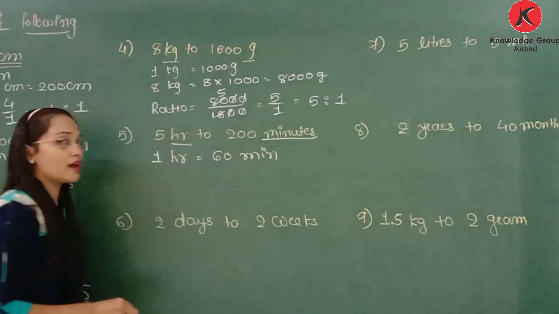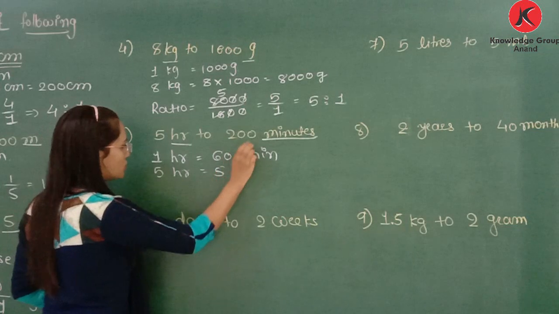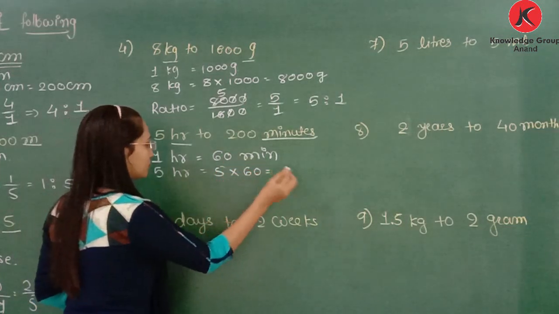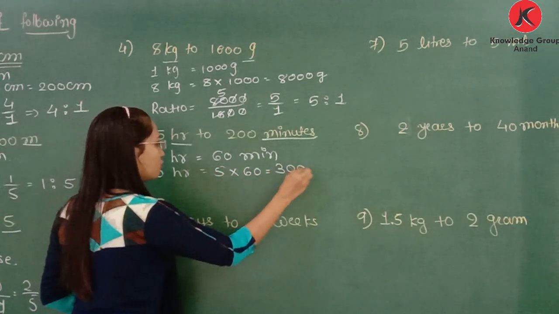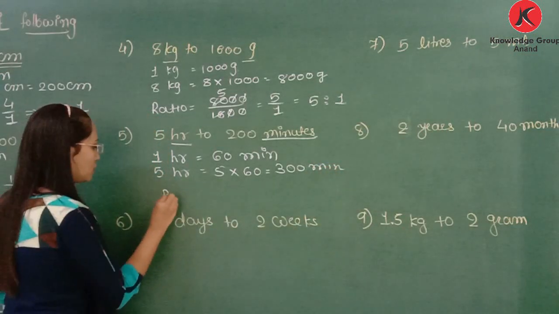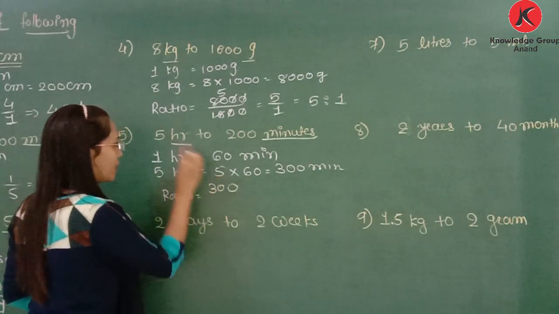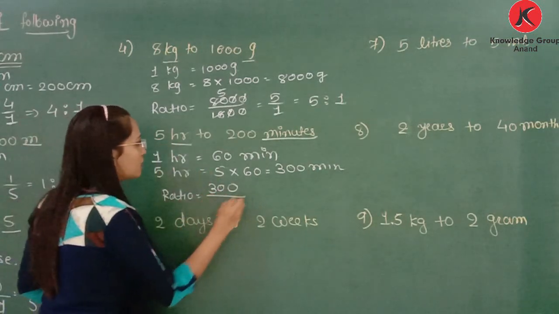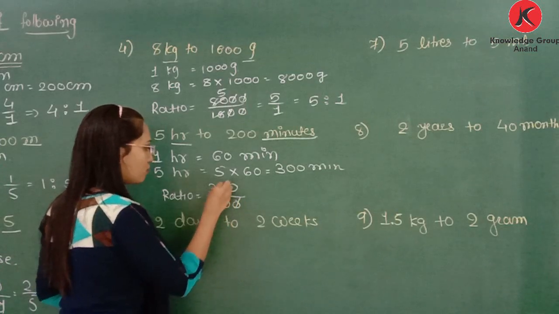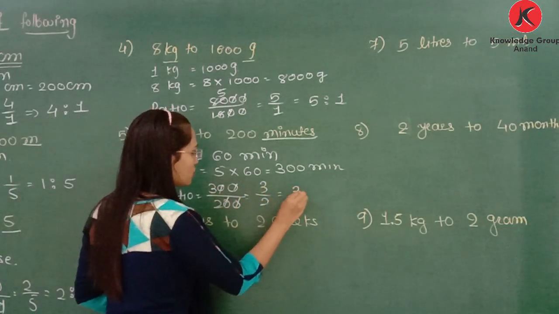Here in the question we have 5 hours, so 5 multiplied by 60 is 300. Now the ratio will be 300, that is equal to 5 hours, and 200. Now you can cut the common factor 0. So 3 by 2, so the ratio is 3:2.